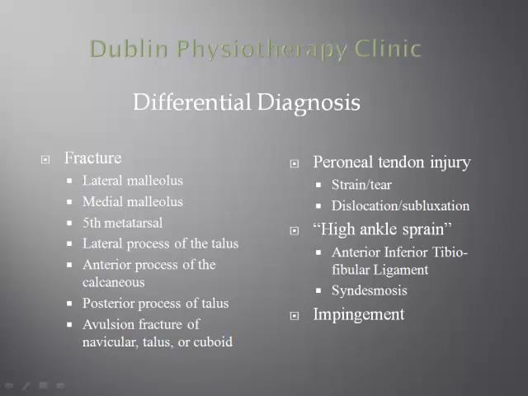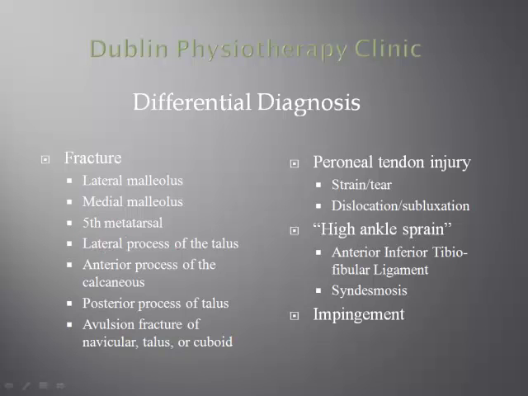So the lateral malleolus, which is the bone on the outside of the ankle, the medial malleolus, and the fifth metatarsal, which is the long piece of bone that connects to the little toe. So they are prone to longitudinal fractures with an inversion type of injury.